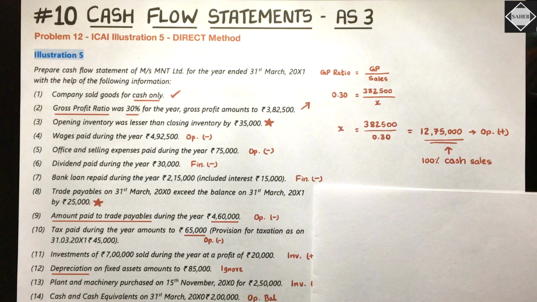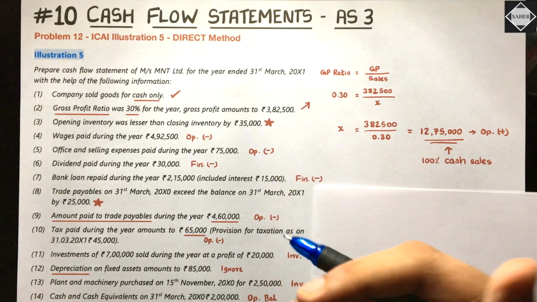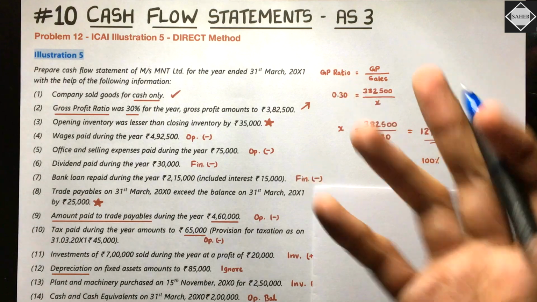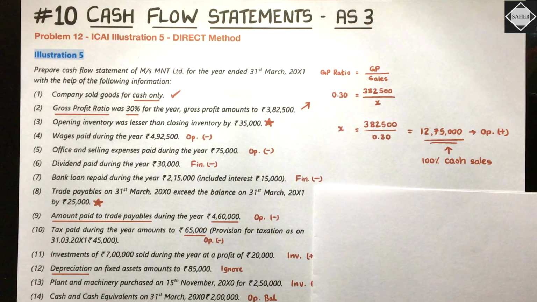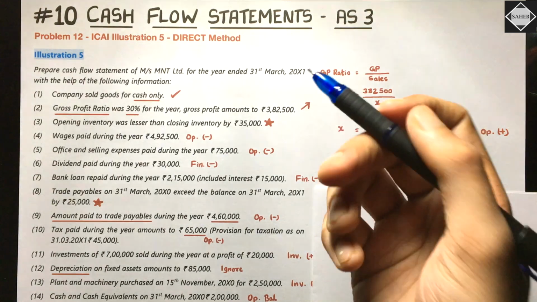Is that clear? So the question is silent regarding cash purchases, isn't it? The question has told us regarding credit purchase. They haven't said exactly how much is the credit purchase. No, they are just saying how much we have paid to the trade payables. Yeah. So that is what we take in cash flow statement now, how much we have paid to trade payables. So we'll take that. Regarding cash purchase, the question is silent.